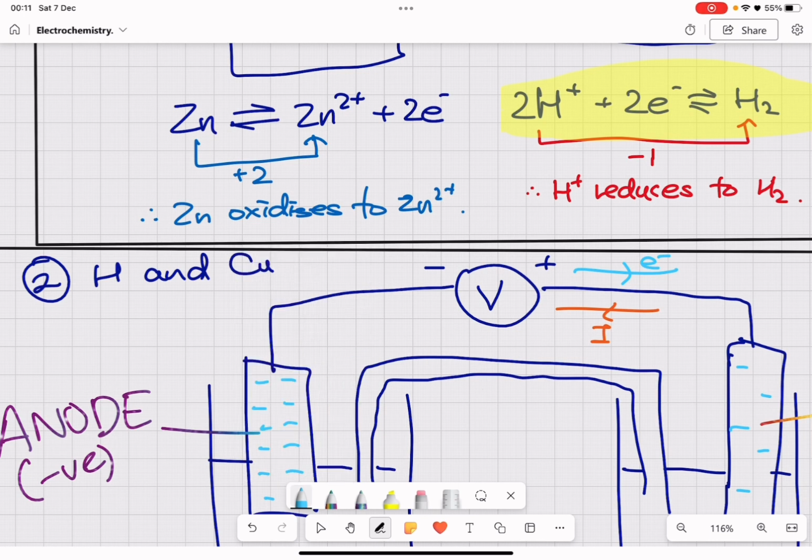Now, why is this important? If you recall what the conventional current actually means, the old scientists were saying that the protons are what is traveling inside a circuit.